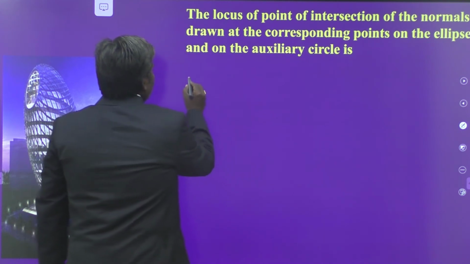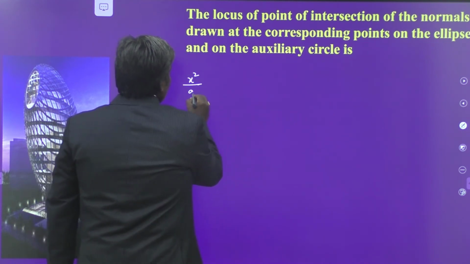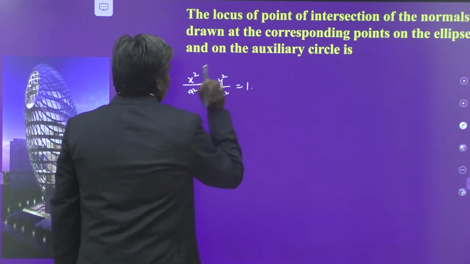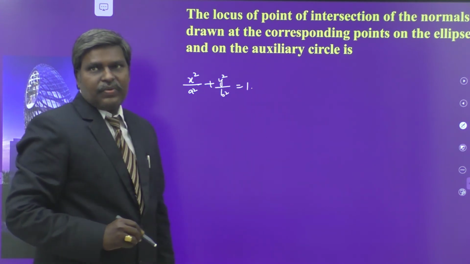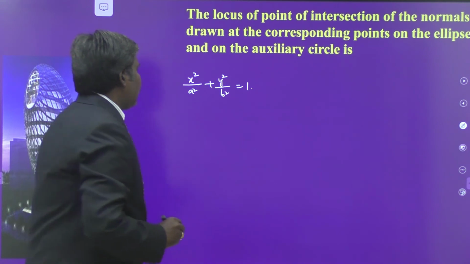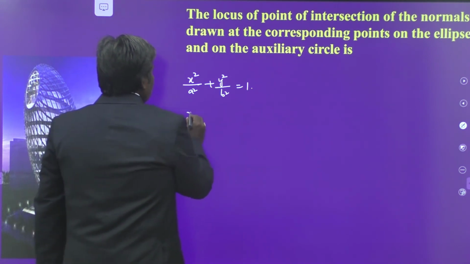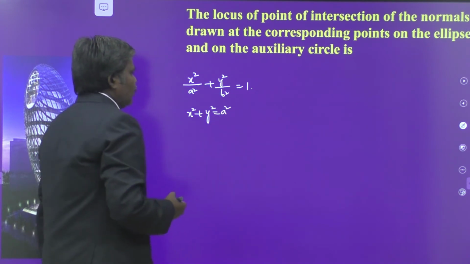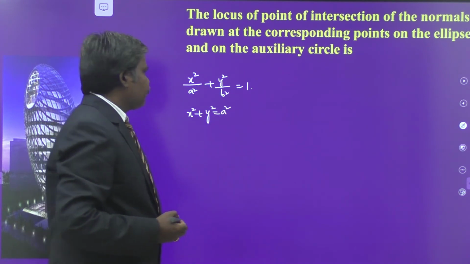So consider the equation of the ellipse as x square by a square plus y square by b square equal to 1. This is your equation of the ellipse. And what is its corresponding auxiliary circle? x square plus y square equals a square is your auxiliary circle.